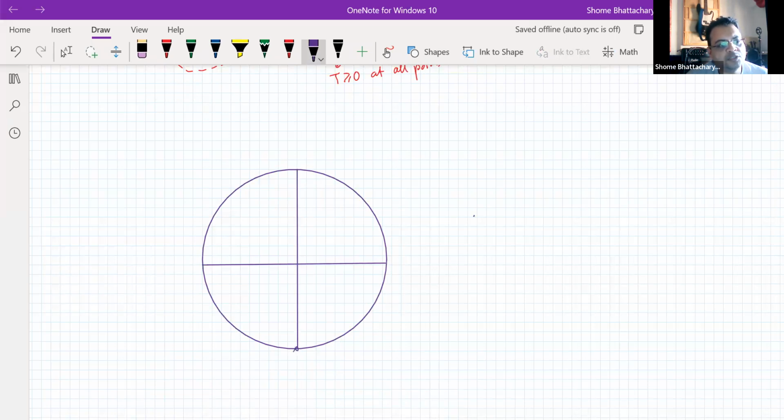When it is at this position, the speed is V naught. The tension in the string is T naught. You can see T naught is equal to mv square by L plus mg, and this will be the maximum tension.